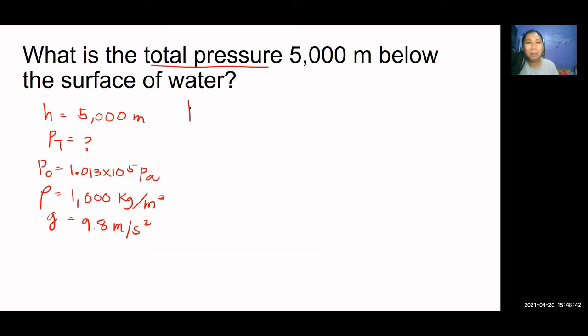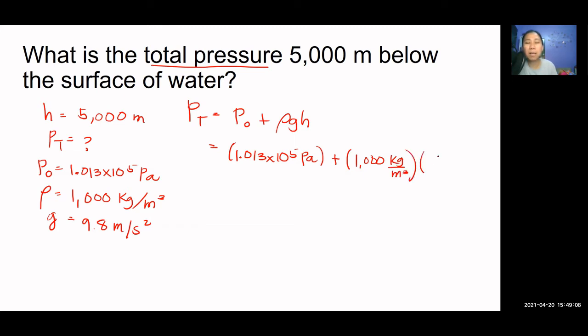Okay, so sa formula natin ng total pressure, meron tayong P sub O plus rho g h. Sa substitute natin yung mga values, meron tayong 1.013 times 10 to the 5th pascals plus, ang density ng water is 1,000 kilograms per cubic meter times yung acceleration due to gravity na 9.8 meters per second squared.